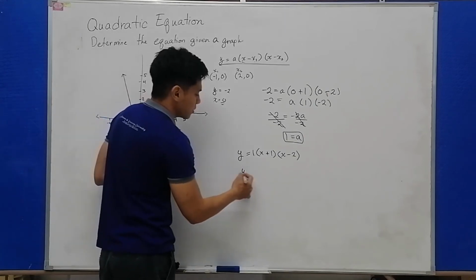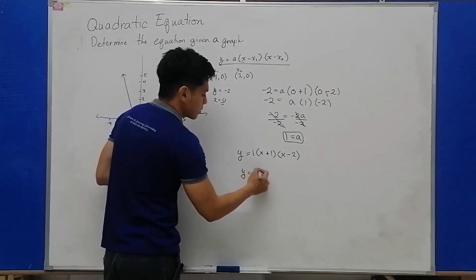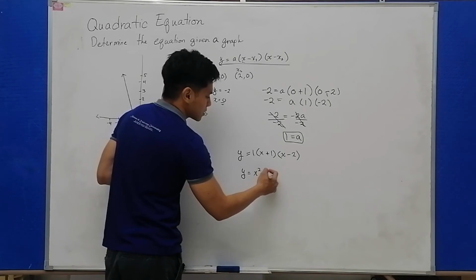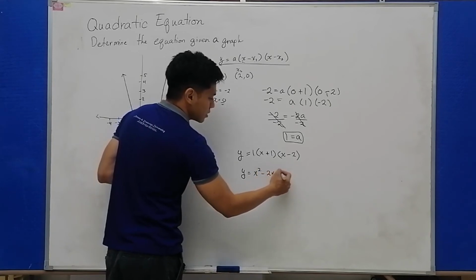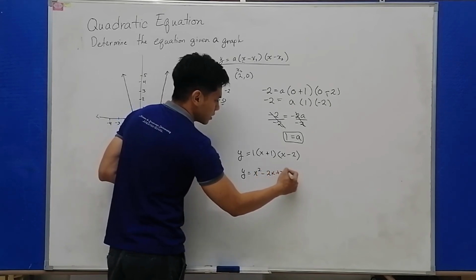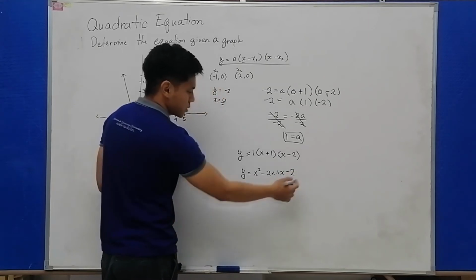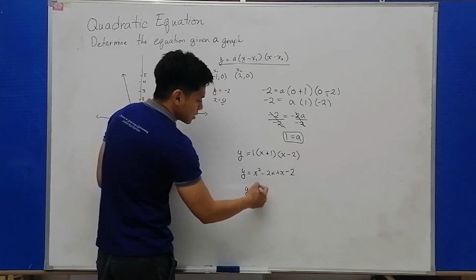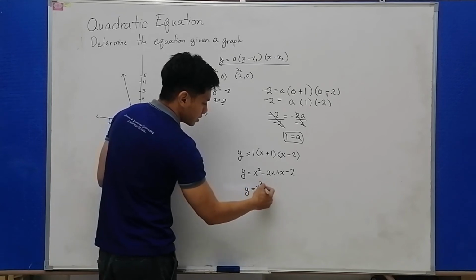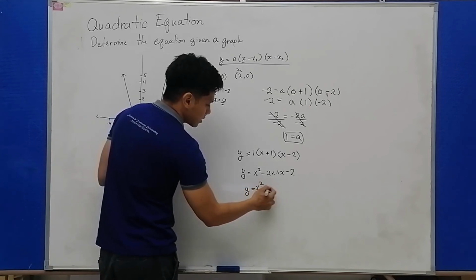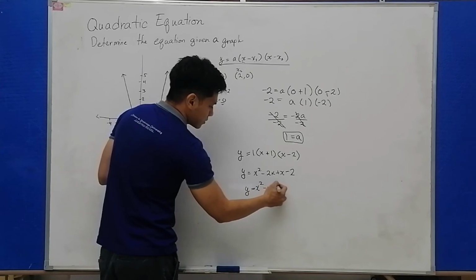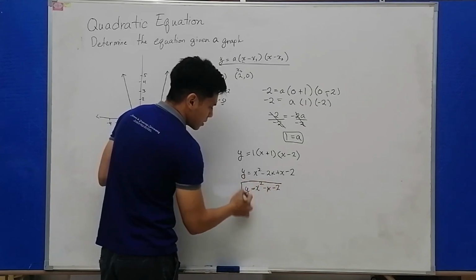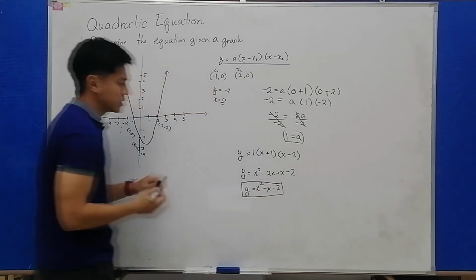So the standard form will be y is equal to x squared minus 2x plus x minus 2. Simplify our equation. We now have y is equal to x squared minus x minus 2. So this is our equation for this graph.